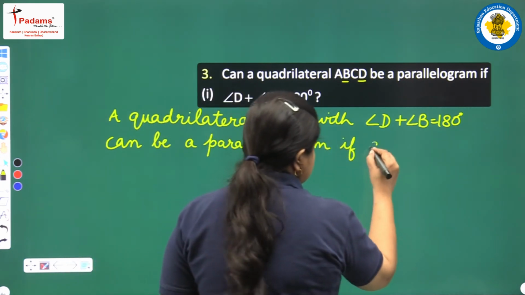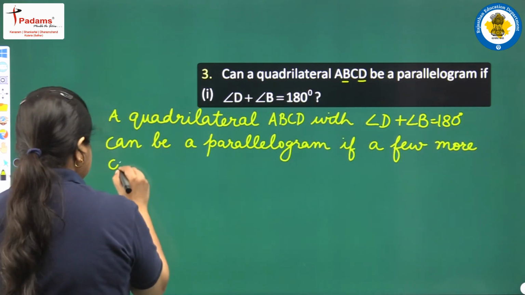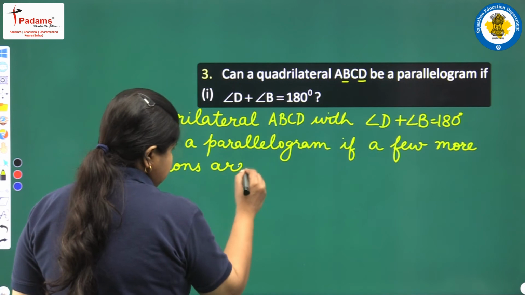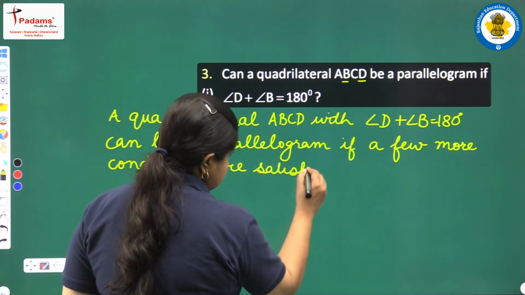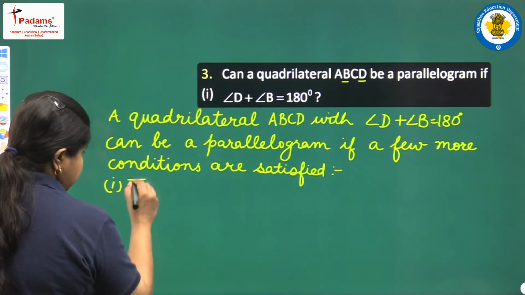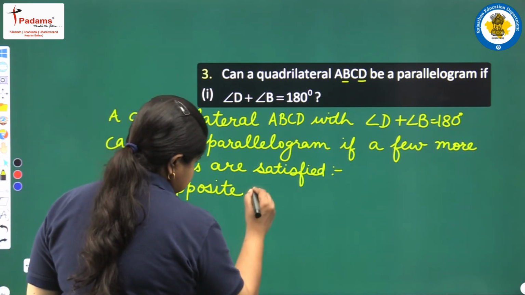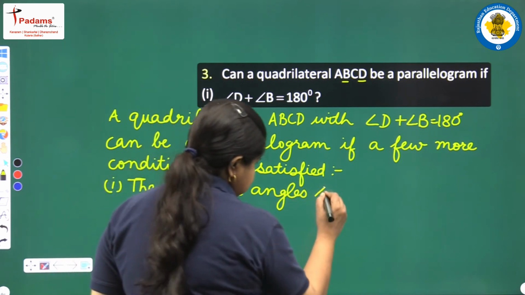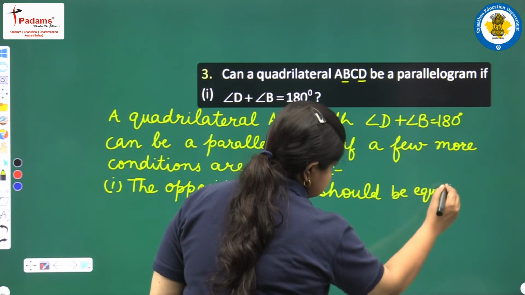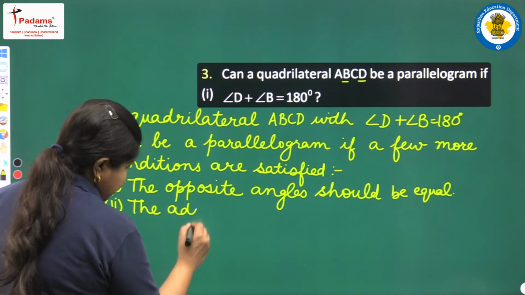if a few more conditions regarding the angles are satisfied. What are they? First, the opposite angles should be equal. Second, the adjacent angles should be supplementary.